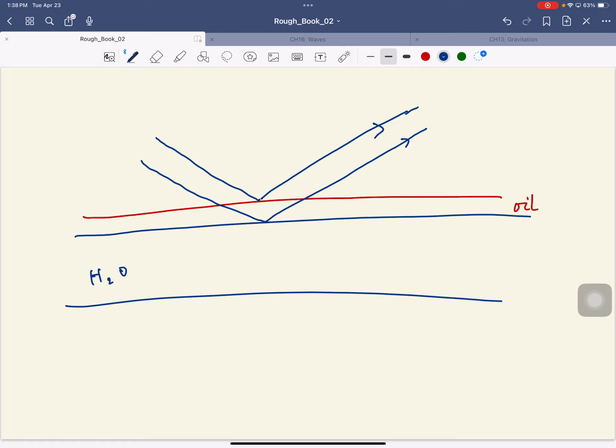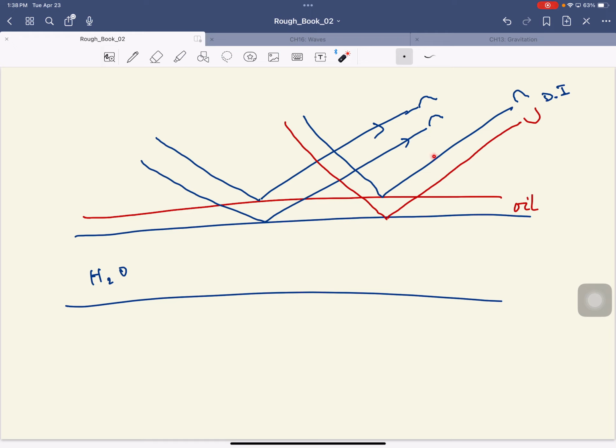If this light reaches you both with crest and crest, you can see that color. That's constructive interference. If you look from this angle, and this beam reaches you with a trough and this beam reaches with a crest, this is destructive interference. So from this angle you can't see this color, and from this angle you can see this color.